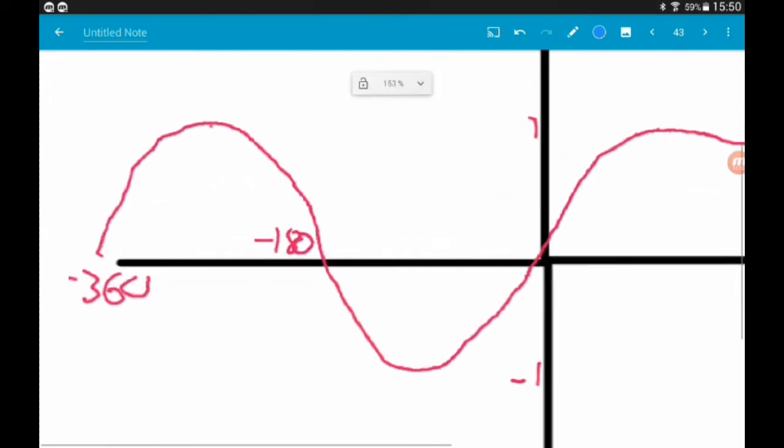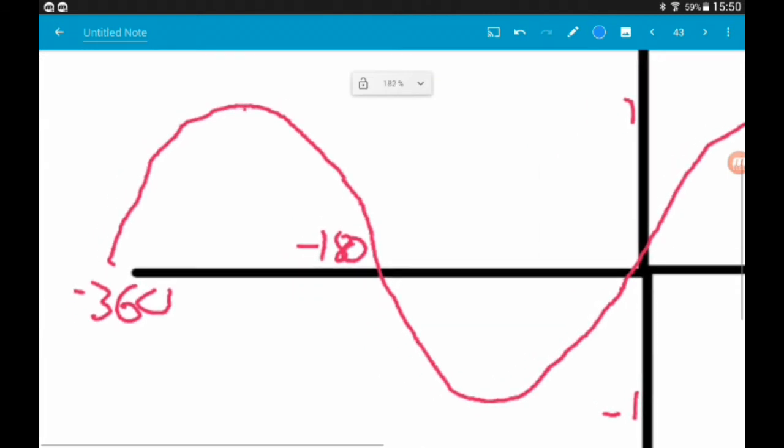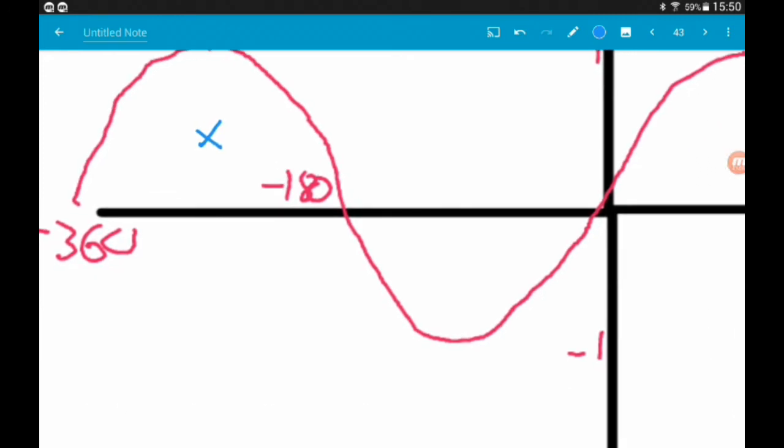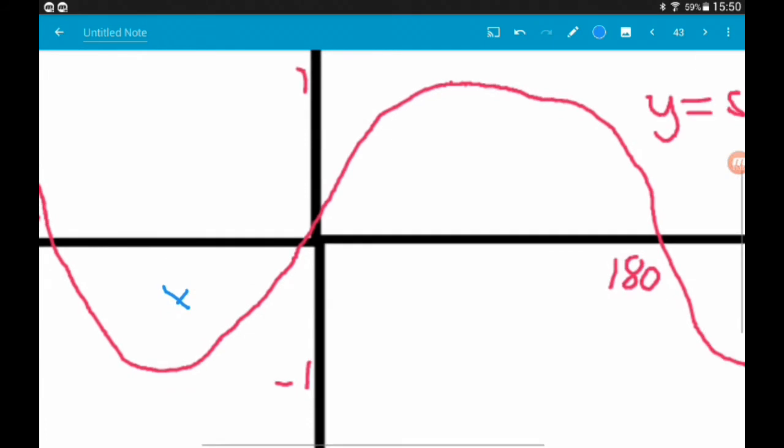So our peaks that were up at 1 are going to come down to 1/2, and our troughs that were at -1 are going to come up to -1/2. So we're still going to go through the origin. 0 times 1/2 is still just 0.